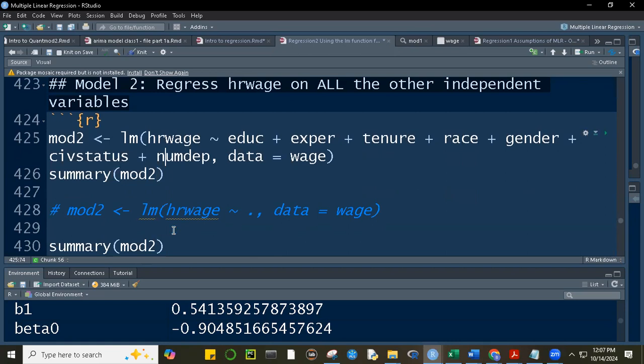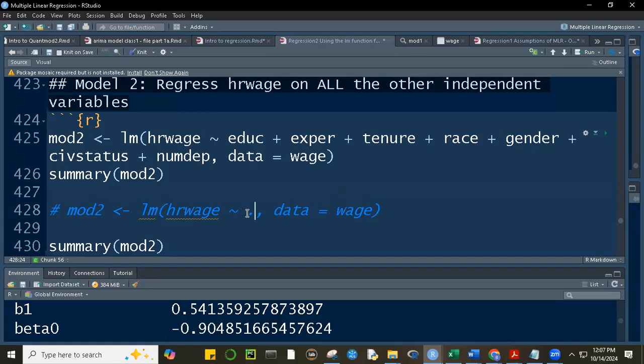By the way, class, writing all the predictors is the same as this one: hourly wage tilde dot. If you're going to use all the predictors in your data, which is equal to wage, instead of writing all the predictors there, kunyari kung 20 yan, ang dami yan, di ba?